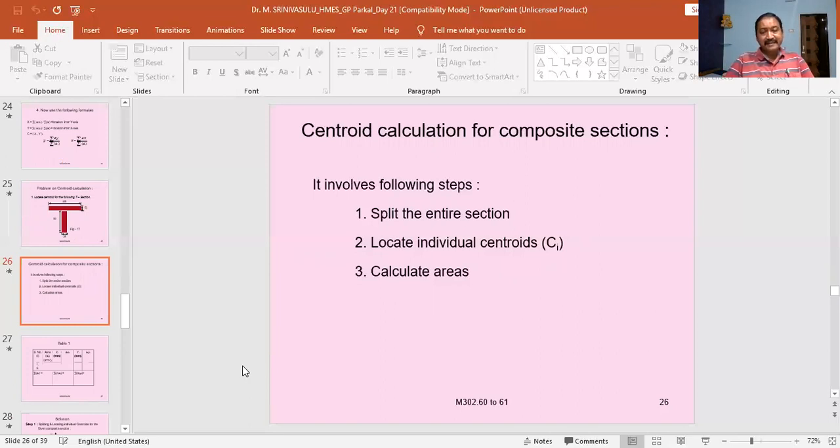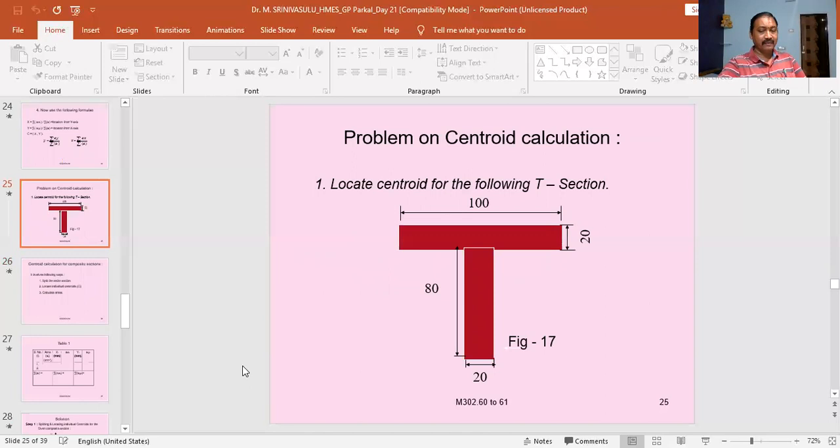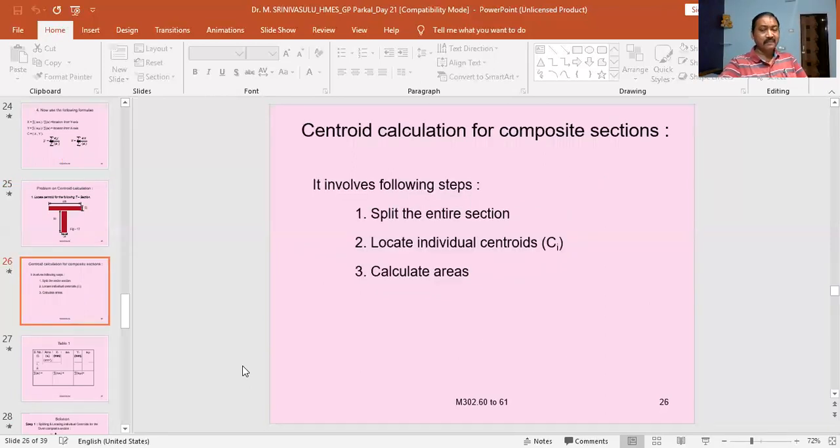Because the given section is a T section, it is composed of two rectangles: one rectangle and the other rectangle. So the centroid of these composite sections can be found using three simple steps.